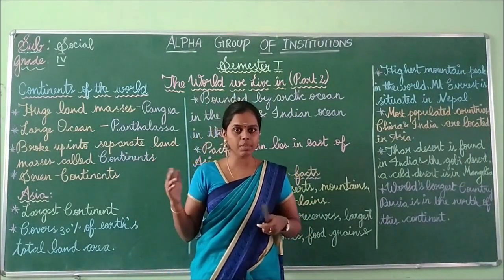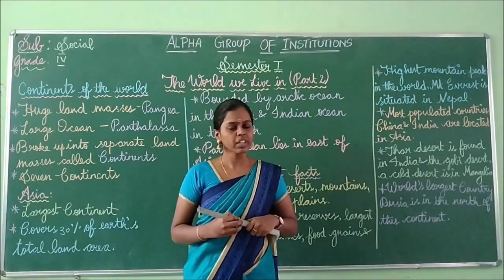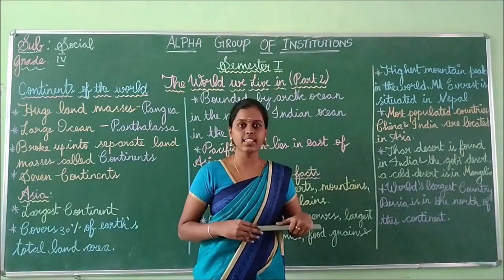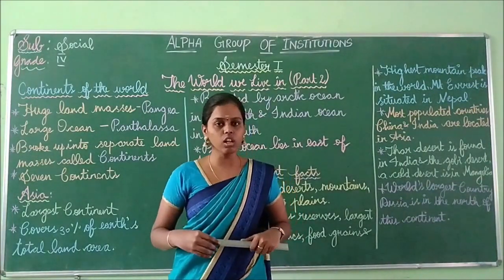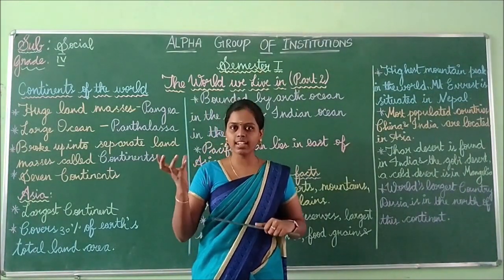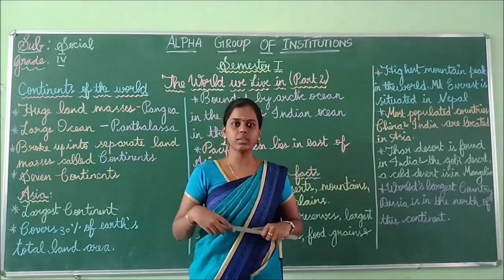What do you mean by globe? Yes, it is a spherical model of our Earth. It is a model of the Earth by which we can understand how the Earth is and what all the locations in the Earth are.